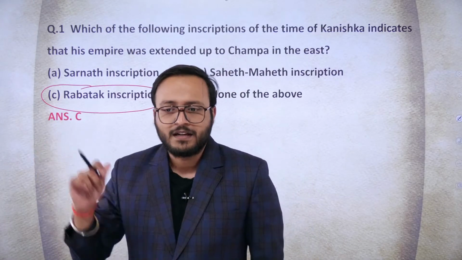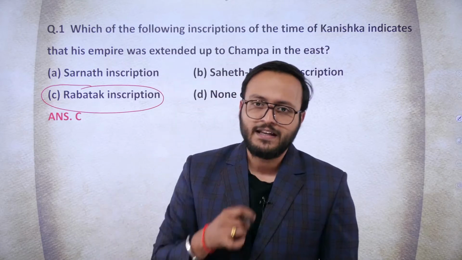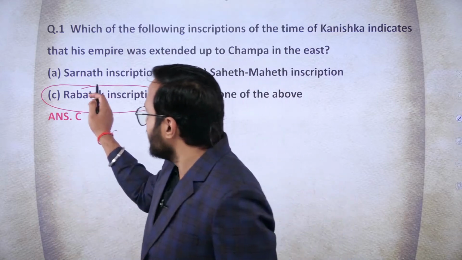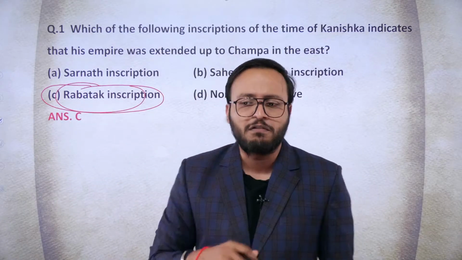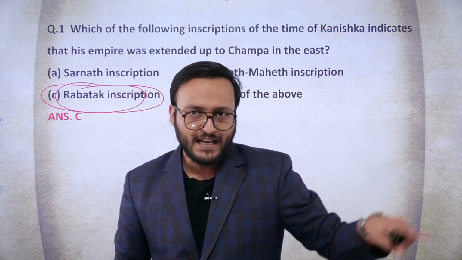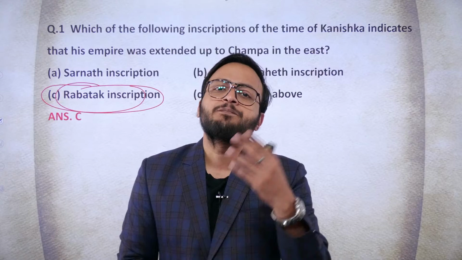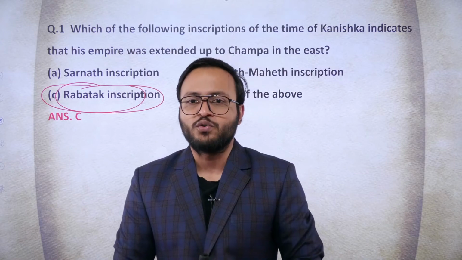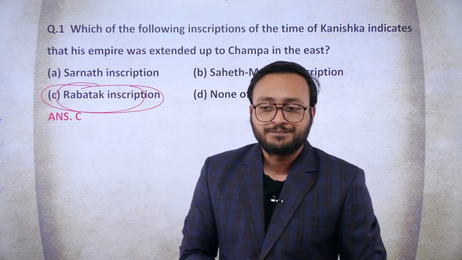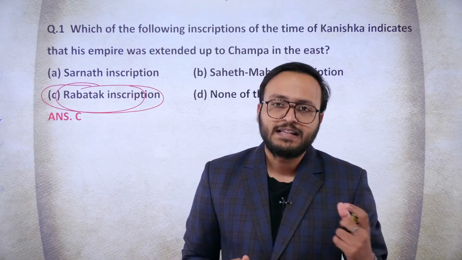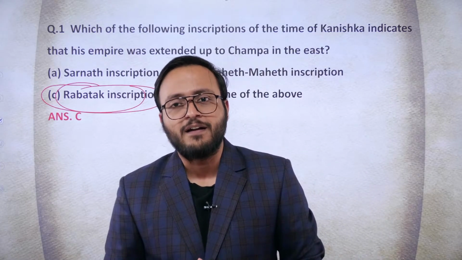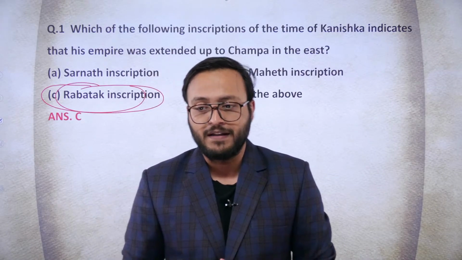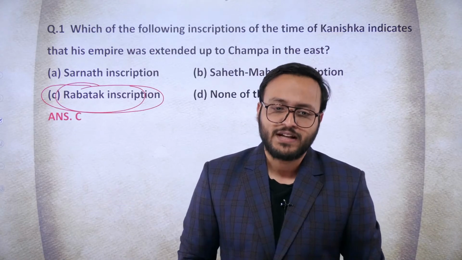However, the Rabatak inscription that is currently present in Pakistan, in the Afpak region, that is basically the border line of Afghanistan and Pakistan. So that area was under the Afghan dominated zone in those times. Okay, so this inscription describes that the empire of Kanishk Kushana was located up to the fringes of Champa, in the east. So that is the right answer.